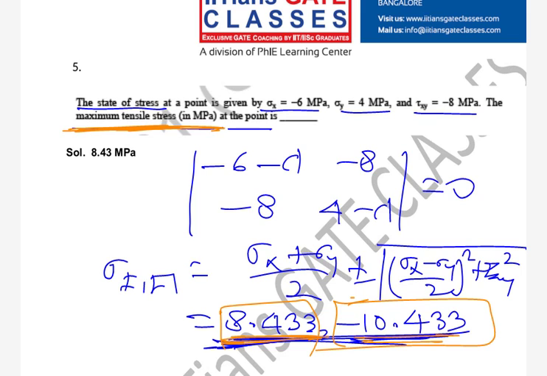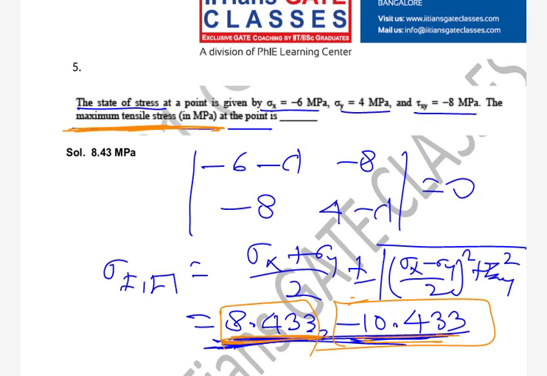So be clear about the difference between max tensile stress and major principal stress. 10.433 is compressive, but since it is more by magnitude, it is known as major principal stress. And your 8.433 is the minor principal stress, which is lesser by magnitude.